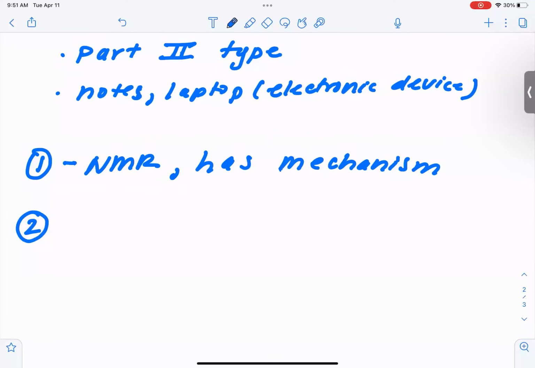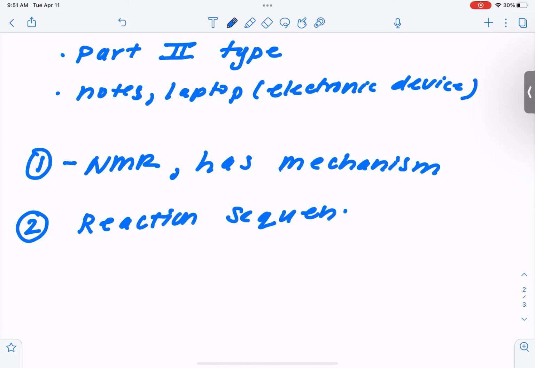You're going to have a reaction sequence. Okay, so that whole A, well, sorry, I give you that one. It's where you figure out what A is, B is, C is with that starting material.